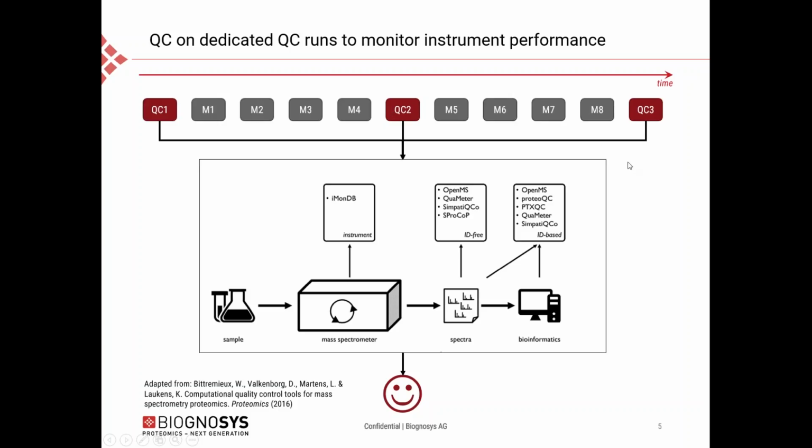And with these samples, you're basically determining how your LC-MS setup performed over time during the acquisition of all the runs in between that are used for the analysis of the experiment. What is then generally done is that these runs are fed into a QC tool of choice, or one of the different tools that are available. And if everything went well with these QC tools, the user generally accepts the values and thus goes on with the analysis of the data.